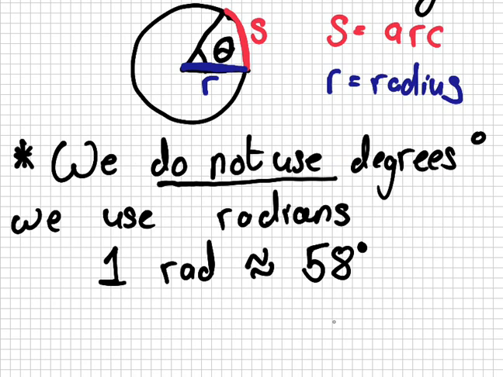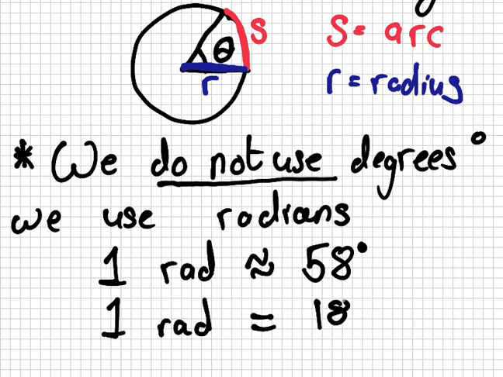If you want the exact amount, I'll give you the formula. I don't know if it's in the book, but one radian is pi over, sorry, 2 pi is 360, so one radian is 180 over pi.